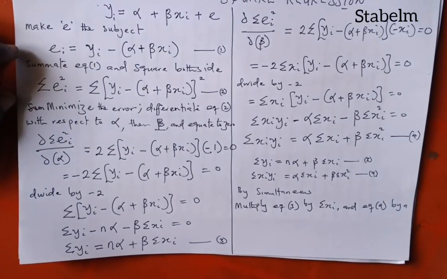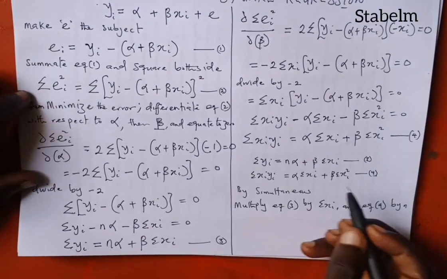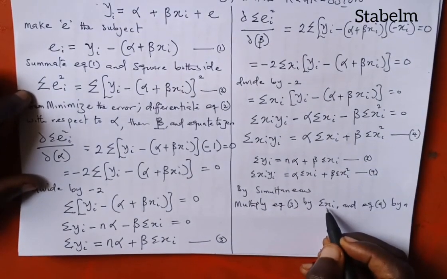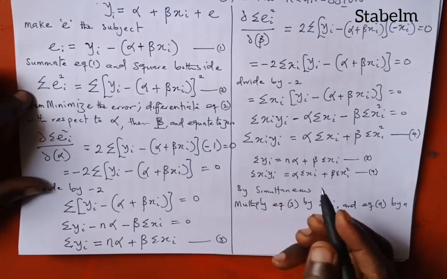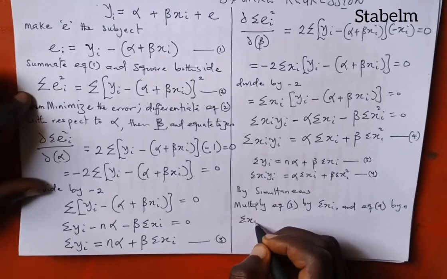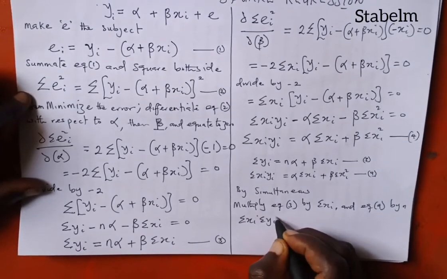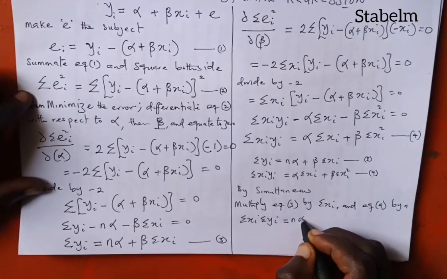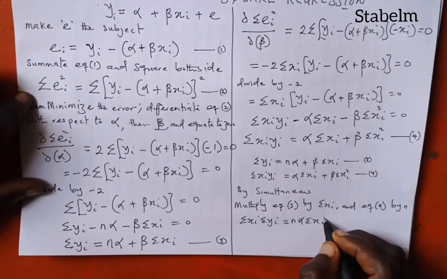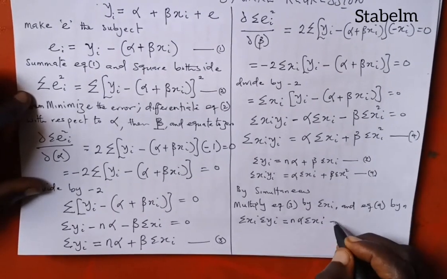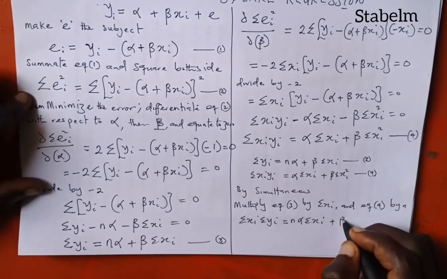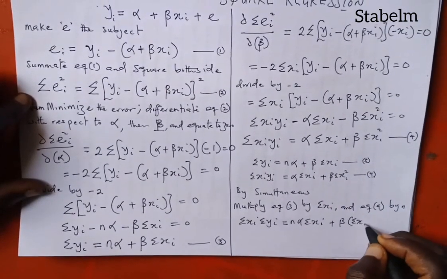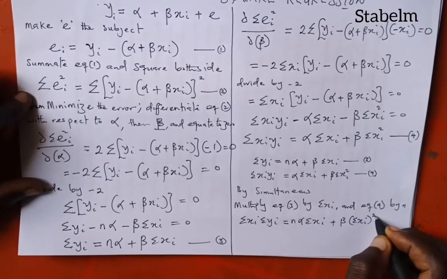So if you do that now, multiply them, we're going to have, we have to multiply equation 3 by summation xi. So we have here summation xi, summation yi equals n alpha summation xi plus beta. We already have summation xi here, so we have into bracket summation xi square.